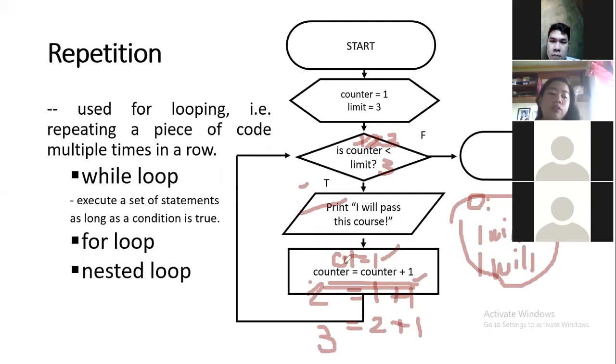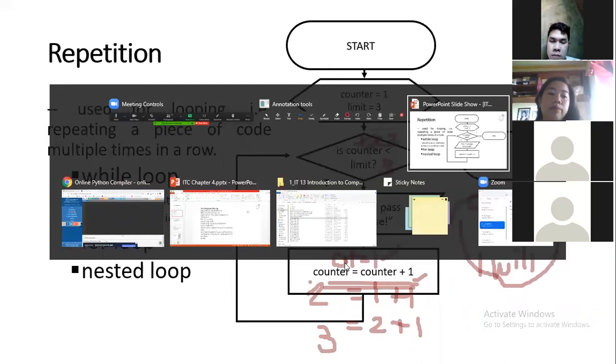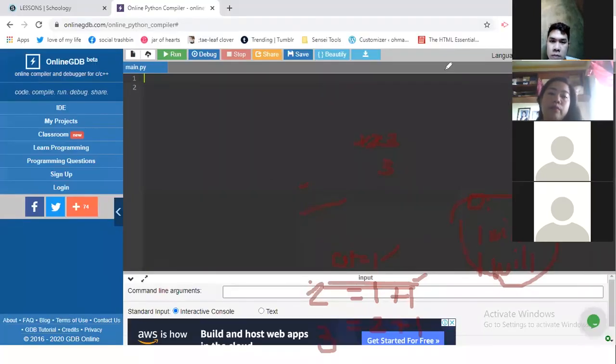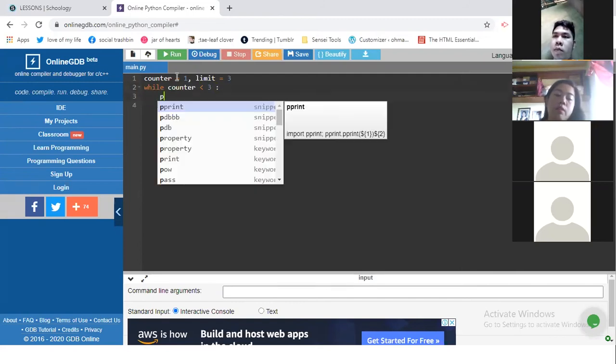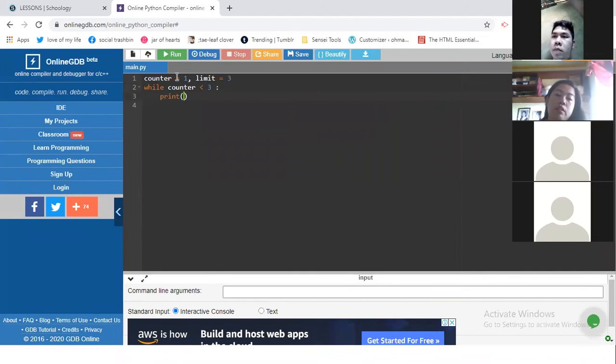So if you will convert that into a program, you have counter gets 1, limit gets 3. So while counter less than 3, print I will pass this course.